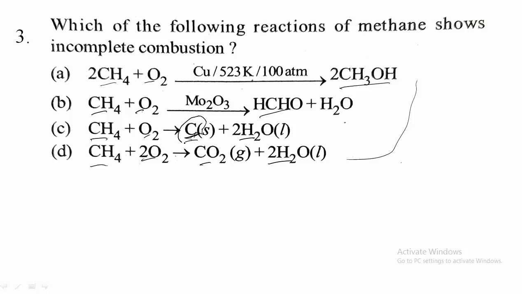Due to that, the carbon formed only. No oxygen is present along with carbon. Therefore, it has undergone incomplete combustion. So option C is the right one. In other cases, you will find oxygen in all the products formed. But here, it will not have any oxygen. So option C is the right answer.